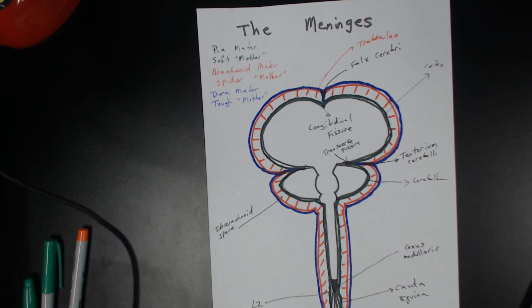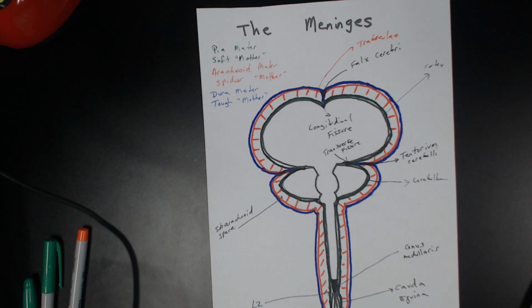T-E-N-T-O-R-I-U-M, cerebelli. Again, that's the dura mater invaginating into that transverse fissure. It actually makes it difficult to pull out the brain, because when you try to pull out the cortical region, the tentorium cerebelli won't let you pull out the cerebellar region. So you actually have to remove that to get it out. Probably more than you need to know.